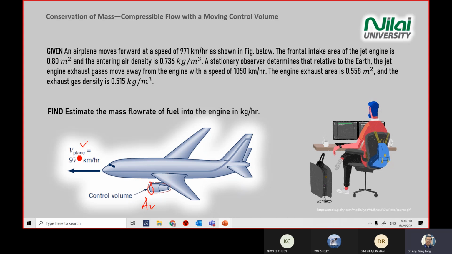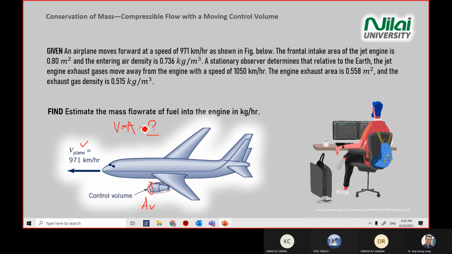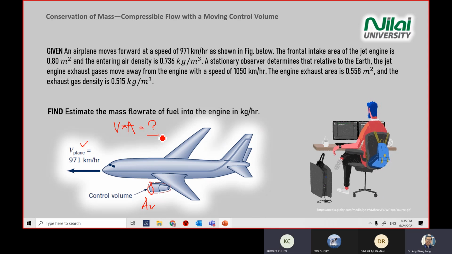You are given the velocity. So when you take velocity times area, what parameter do you get? What is the name for the product of V times A? Could you understand what I'm asking? Yes. So what is the product, V times A?